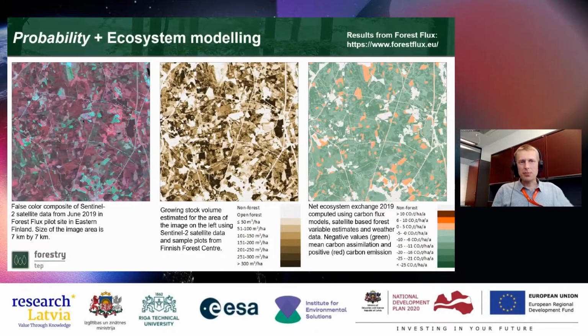And this probability has been then used also in the carbon monitoring by combining it with process-based ecosystem modeling. So what we did in the forest flux and what we do again in the forest carbon monitoring is that we first use the probability to estimate the forest structure variables.